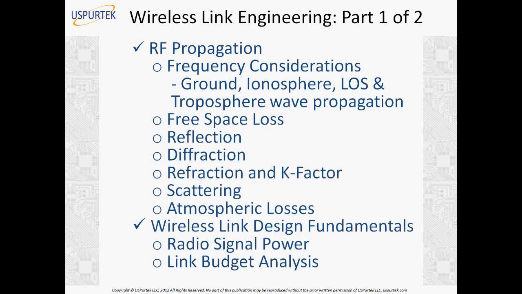This is the outline of the various topics we are going to cover today in this webinar. Overall, we'll cover the different RF propagation characteristics that are very crucial for designing any wireless link.